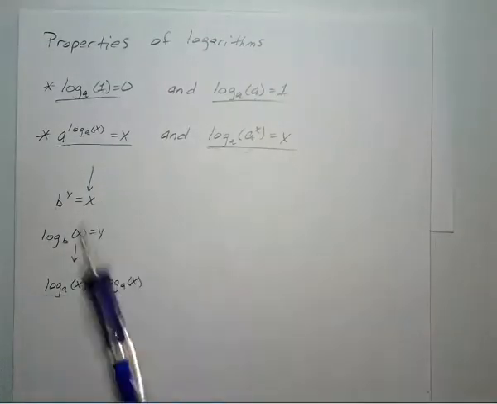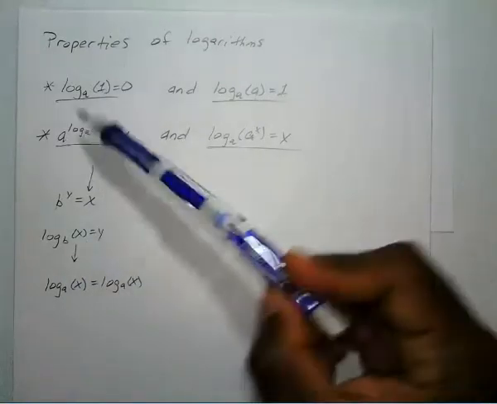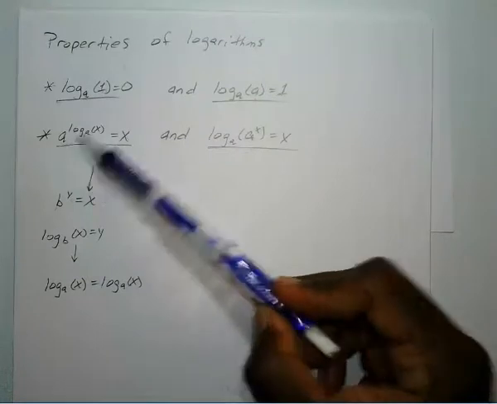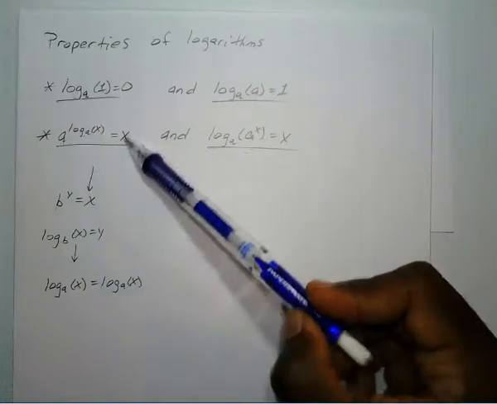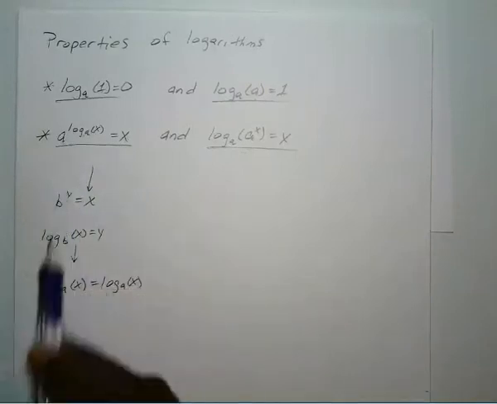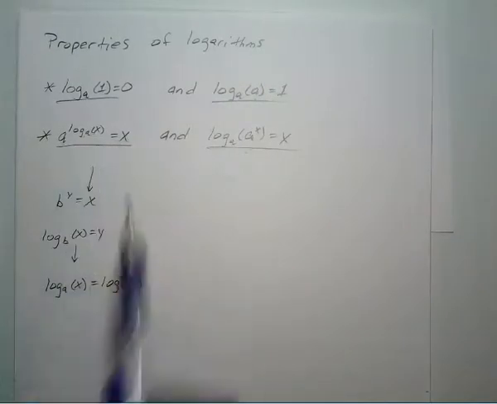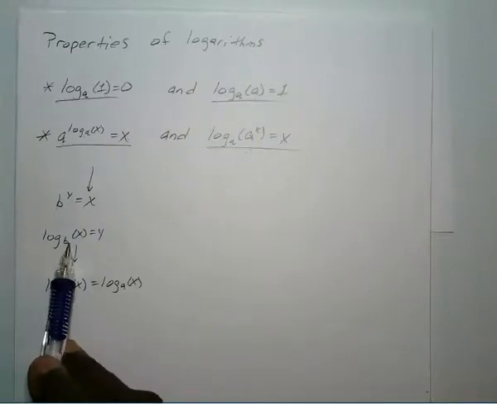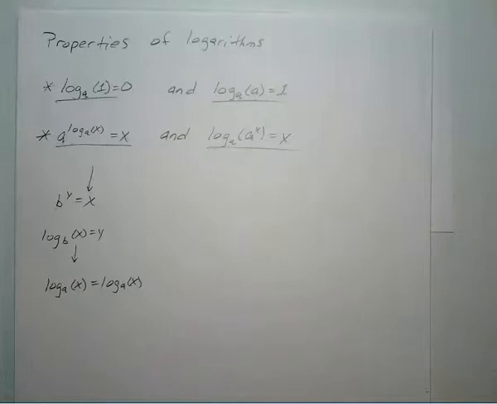So if you have log base b of x equals y, actually, if you have b to the power of y equals x, so you have your base to the power of y equals x, that converts to log of your base of x equals y, which just means that log a of x equals log a of x.